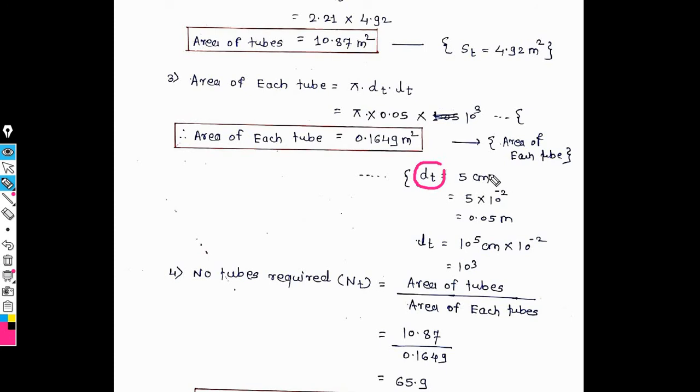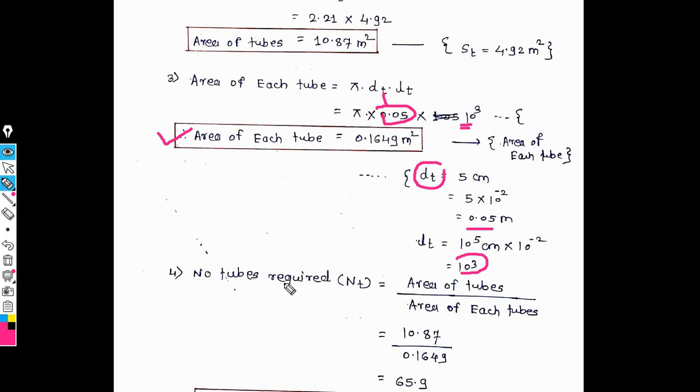This converted into meter is 5 into 10 raised to minus 2, and the obtained value is 0.05 meter. Then calculate Lt. Lt is given as 10 raised to 5 centimeter into 10 raised to minus 2, which gives 10 raised to 3. Then the area of each tube is 0.1649 meter square.